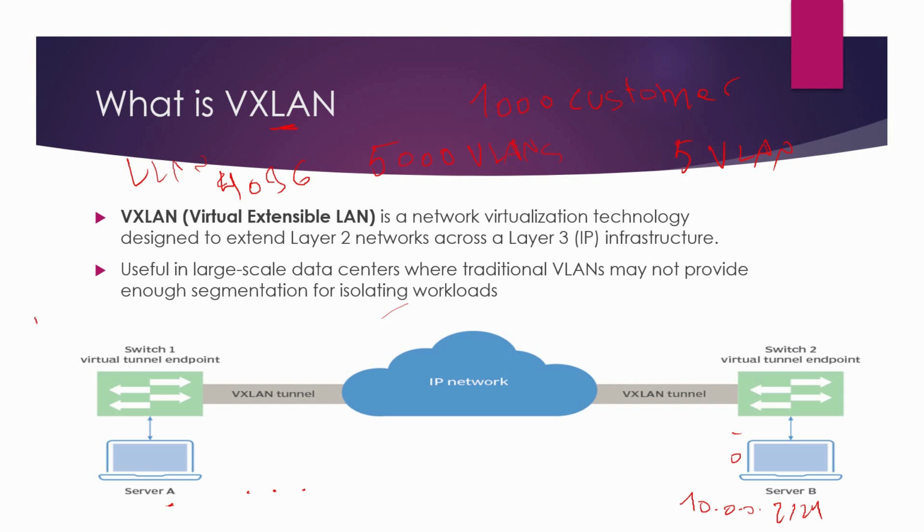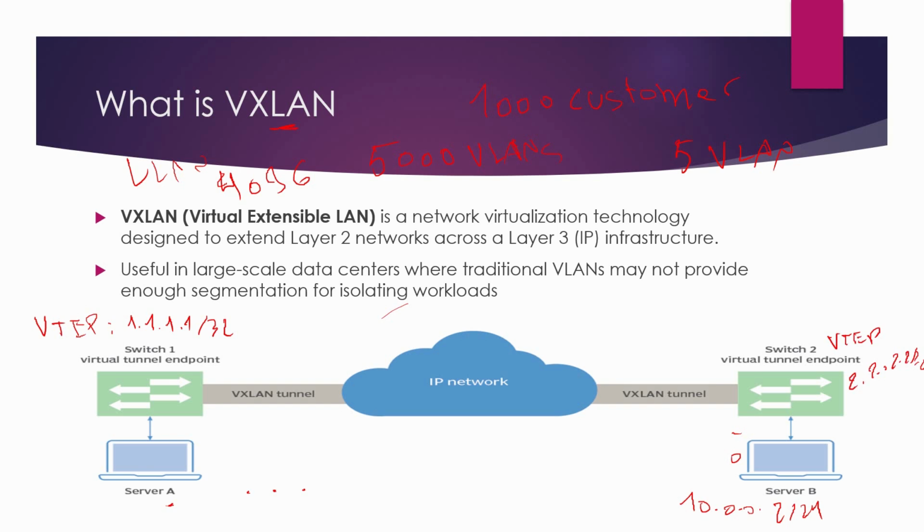For example, the VTEP here is 1.1.1.1/32, and on the other side we have the VTEP here, which is 2.2.2.2/32. Okay, and this is about the VTEP.